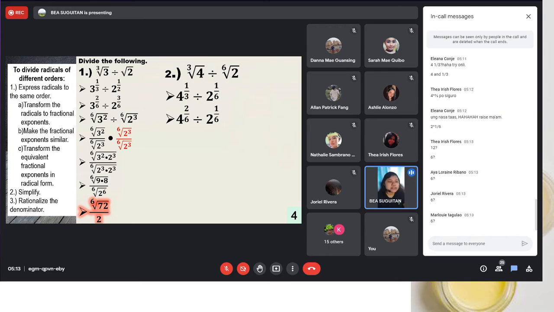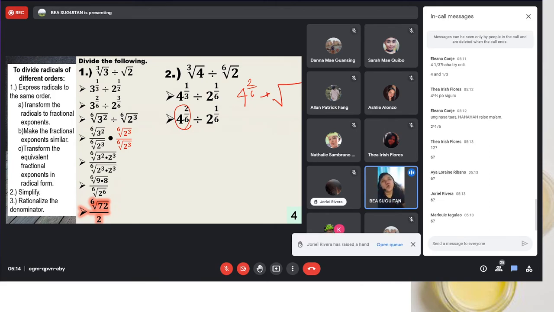Next, for step 1C, let us transform each fractional exponent into its radical form. So, itong 4 raised to 2 over 6, ano kaya ang radical form nito? Ano kaya ang radical form niyan? What is the base of the radicand? What is the exponent of the radicand? What is the index? Who would like to try? 4 raised to 2/6.